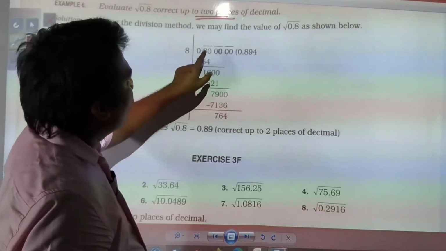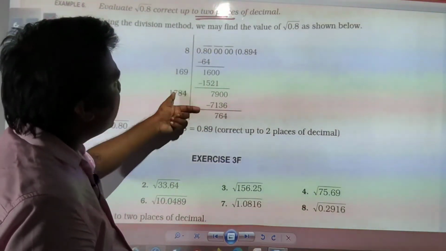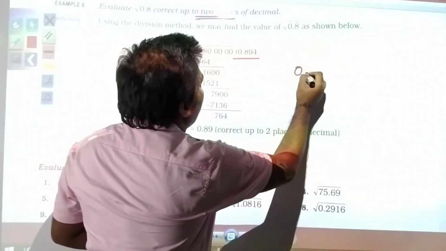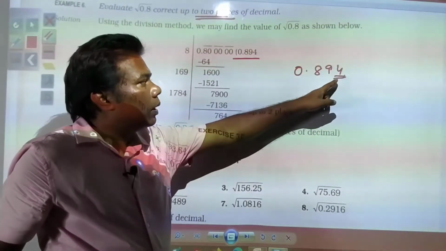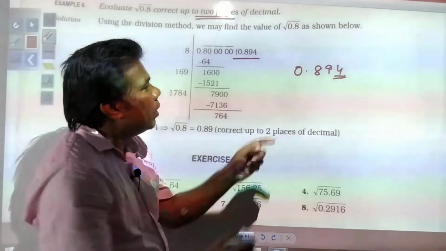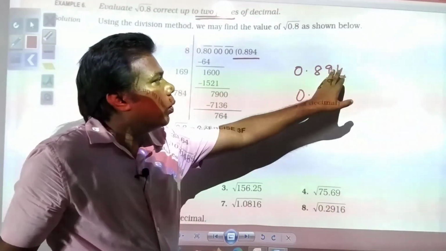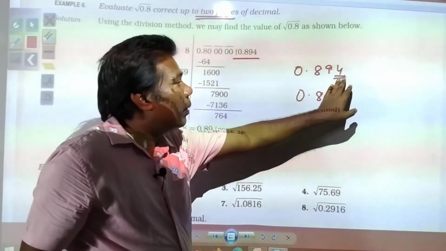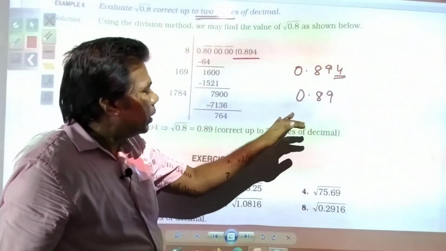So 3 pairs have been made. Then you find out the square root of this number. Suppose you have got 0.894. Now this digit you see, if this is lesser than 5, then your answer would be 0.89. If it is 5 or more than 5, then one number would be added to this. So in this way we need to do.